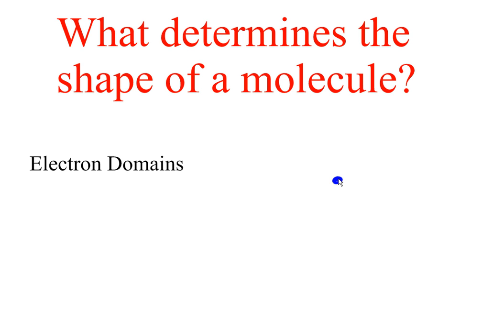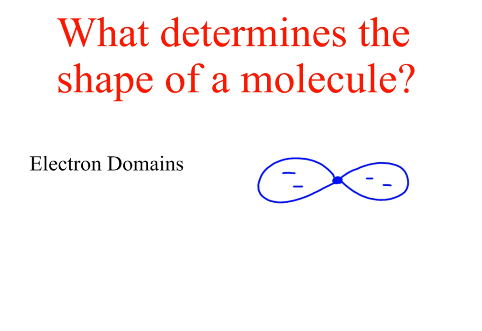So if I were to put one grouping of electrons over here, so it would be a bunch of negative stuff over there. If I were to put the other one in, it's going to tend to get as far away from that one as possible and be over on the opposite side. So that would make a type of linear arrangement.